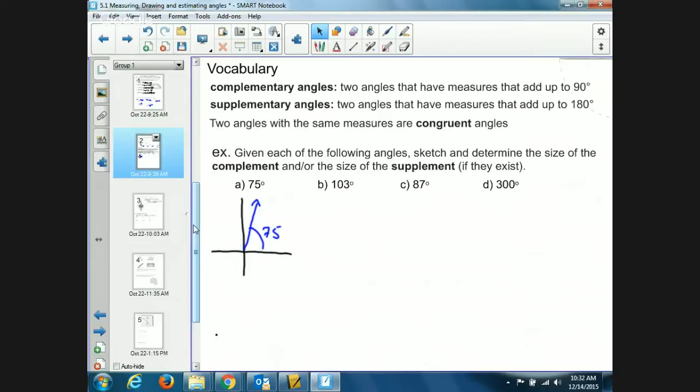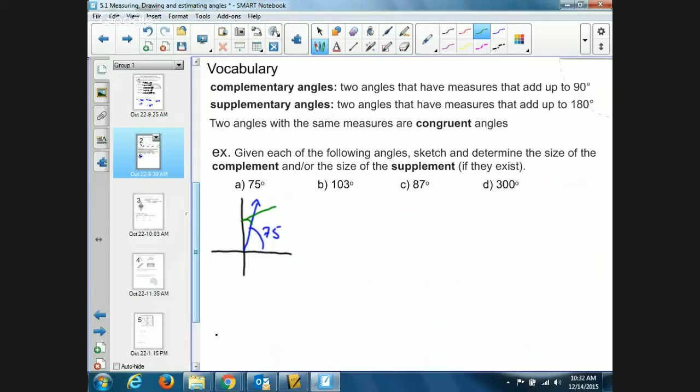Then the other side of that is 180 minus 75. The complement, I guess I'm not skipping. I was going to go to the supplement. The complement, though, is 90 minus 75, so that's 15 degrees.